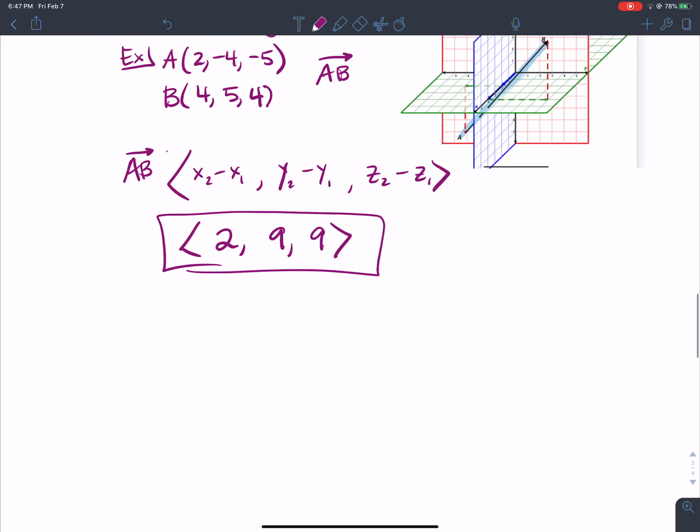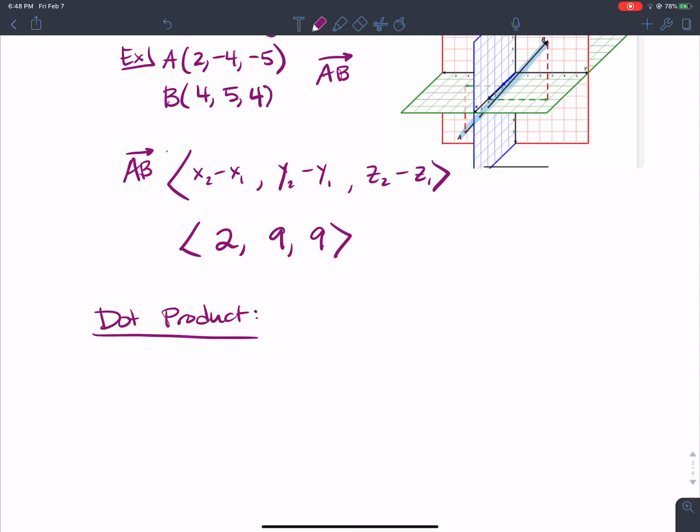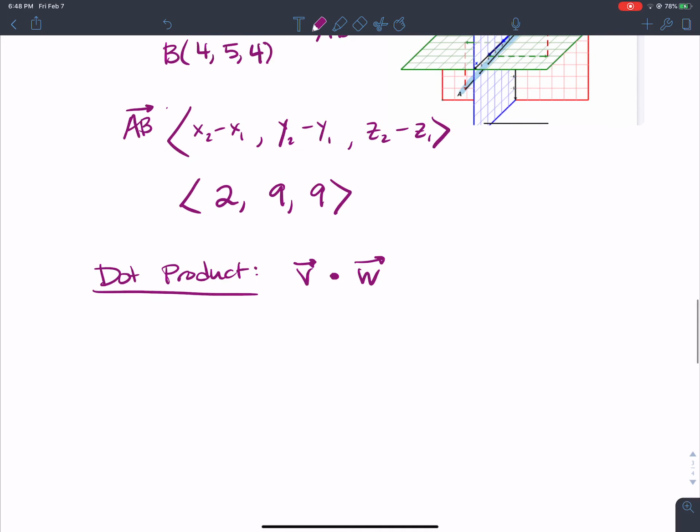So, dot product. If we had 2 vectors, V and W, the rule for dot product is going to be x1 x2 plus y1 y2 plus z1 z2.